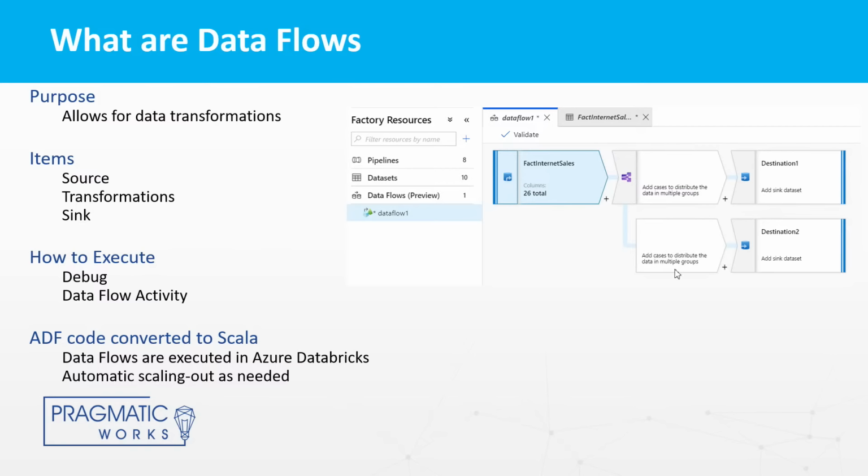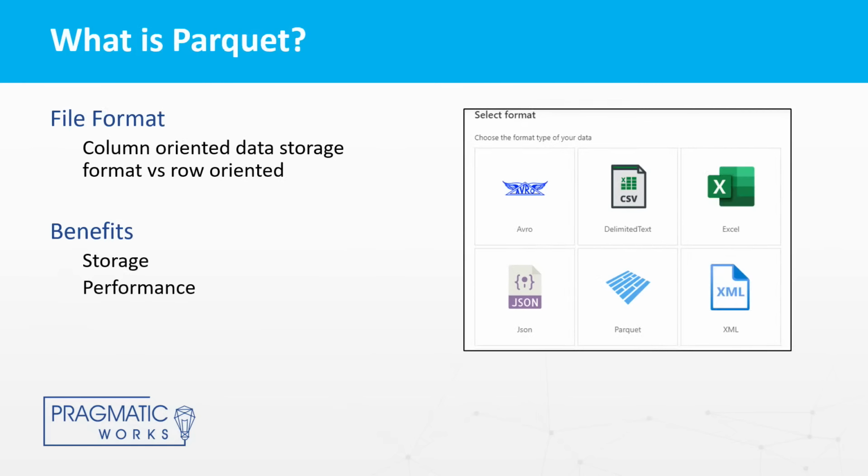You basically work with this little plus symbol to choose what is the next object, what's the next transformation I'd like to do. Am I going to put a sink? Am I going to do another transform? You need to have at least one source and one destination, or one sink. That's what makes a data flow valid. You can't save a data flow until you have it that way. But there's a ton. And actually, oh, I have it on the next slide, never mind.